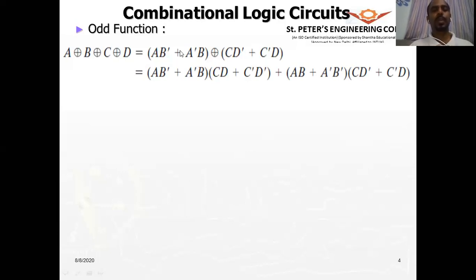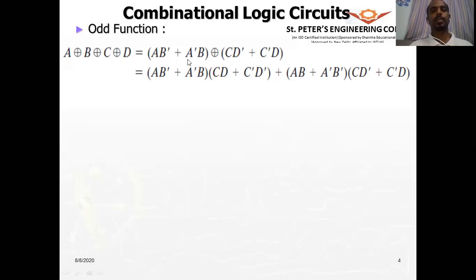If there is an X and Y, then X XORed with Y is X Y complement plus X complement Y. So this will be C D complement or C complement D. Similarly, we take the other one's complement here.